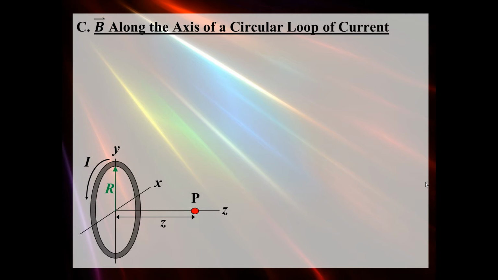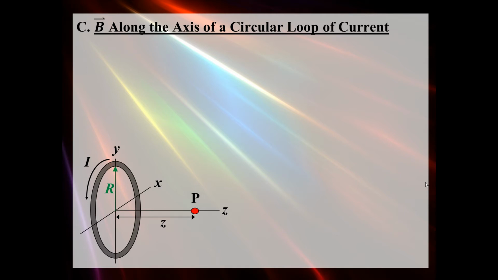And like I said, you can't really use Ampere's law to do this. Ampere's law is usually really good at figuring out the magnetic field due to current, but only if you have really nice symmetrical objects like straight cylindrical wires. In the case of a ring, it's not really going to work. So we're kind of stuck using the Biot-Savart law to deal with this.